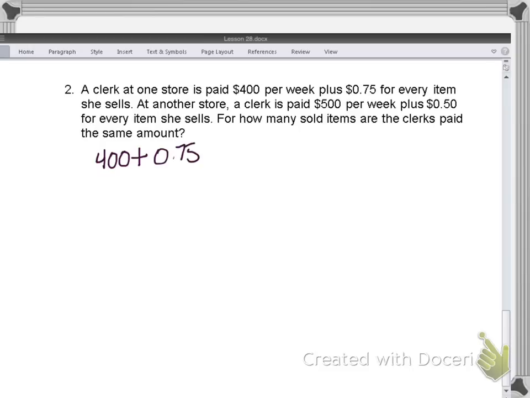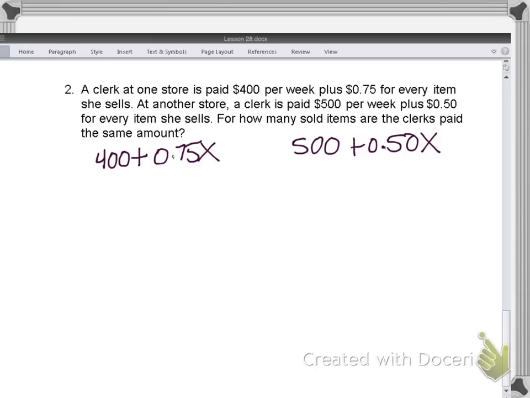That would be 75 cents times the number of items she sells. And at another store, a clerk is paid $500 a week plus 50 cents for every item. So we'll just use X for the number of items. And the question is, for how many sold items are the clerks paid the same amount?